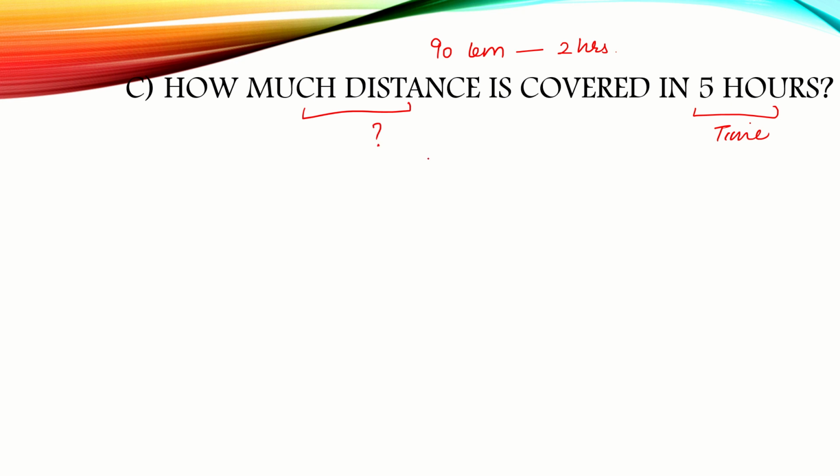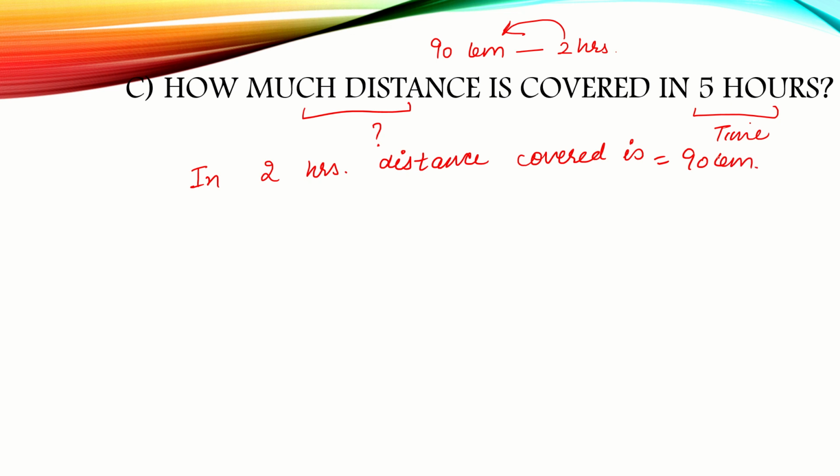I told you that if you want to find distance, then distance will be on the right side. So make the statement like this: in 2 hours distance covered is equal to 90 kilometer.